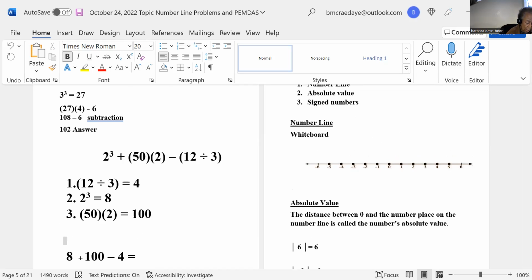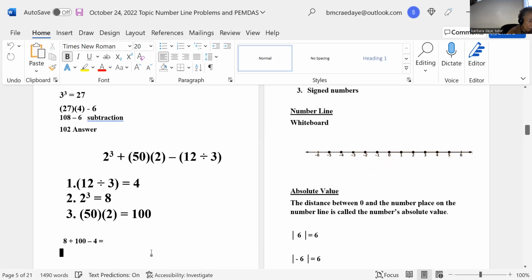So 8 plus 100 minus 4. And what's that equal to? 104. Yeah, 108 minus 4 is 104. That's your answer.